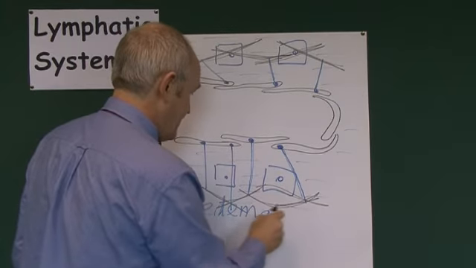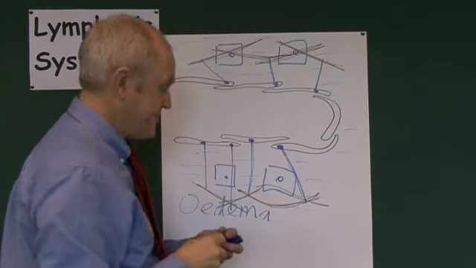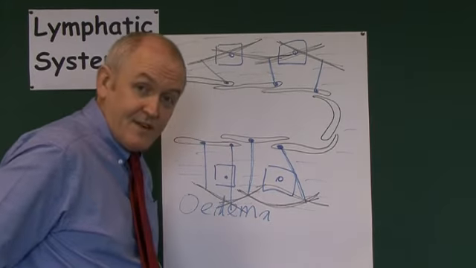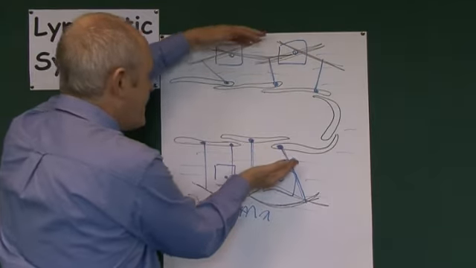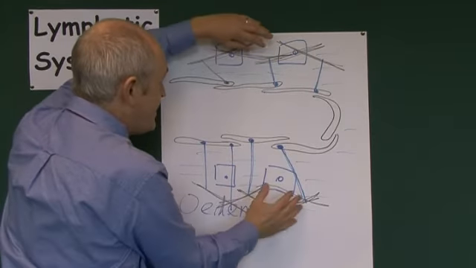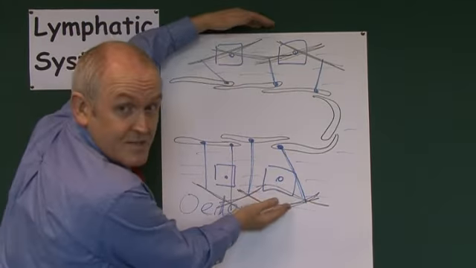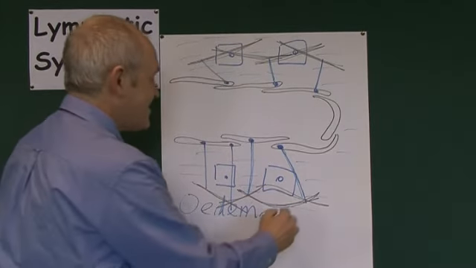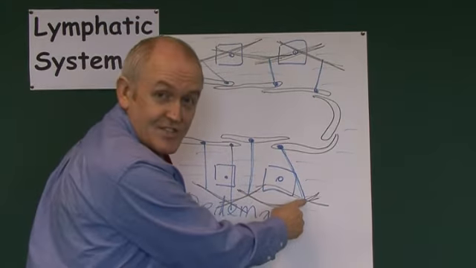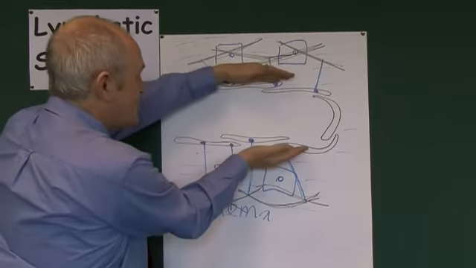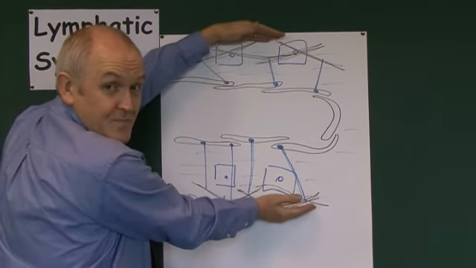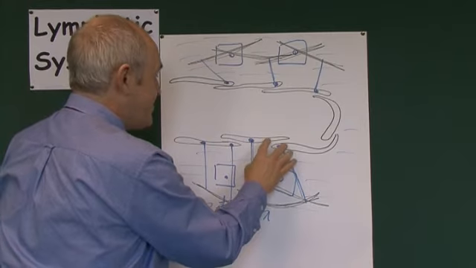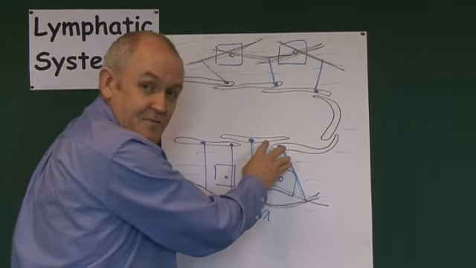Now, what this means is, if there is an increase in the amount of interstitial fluid, that will tend to push the collagen fibres apart, the increase in pressure. And because the anchoring radial filaments are attached to the collagen fibres, that's going to pull these apart as well. And that's going to tend to pull apart the endothelial cells of the lymphatic capillary.